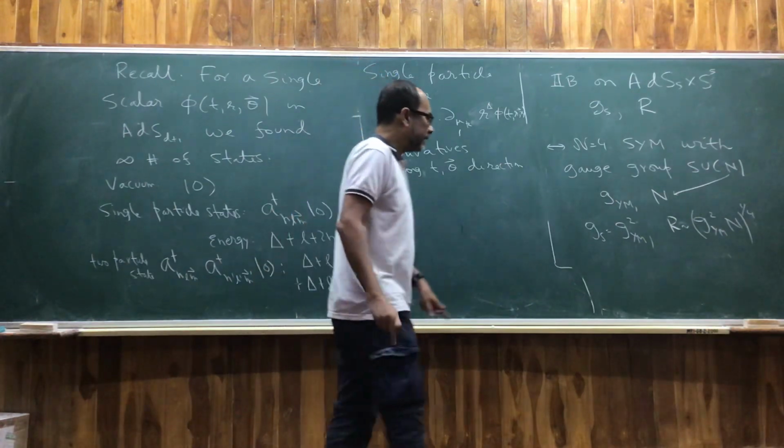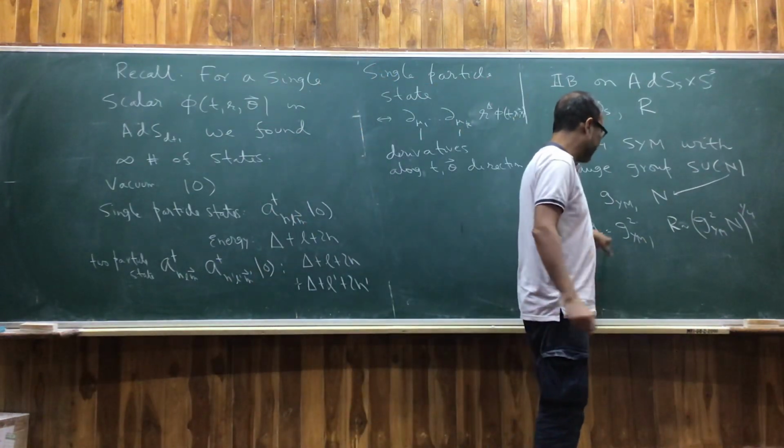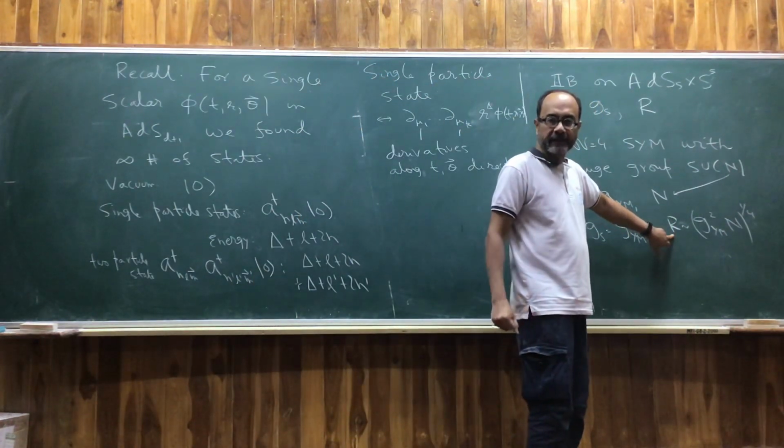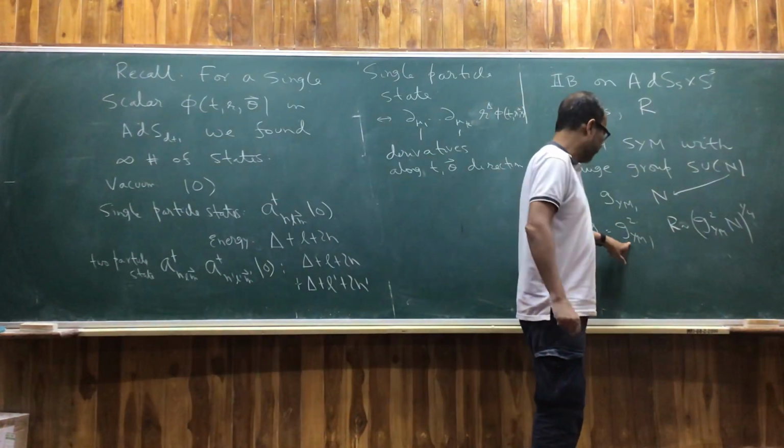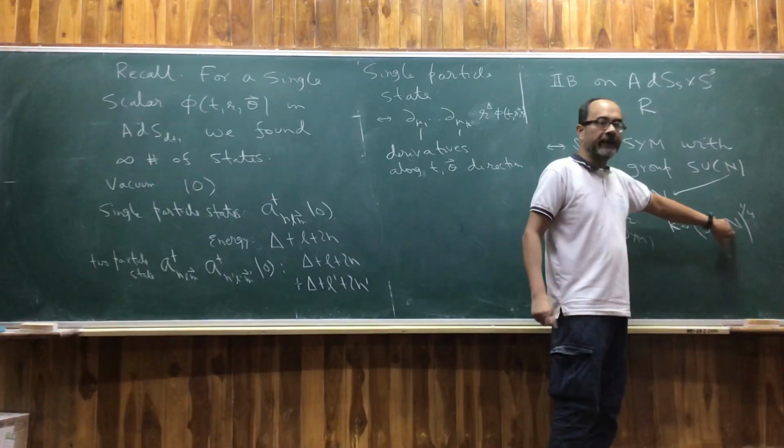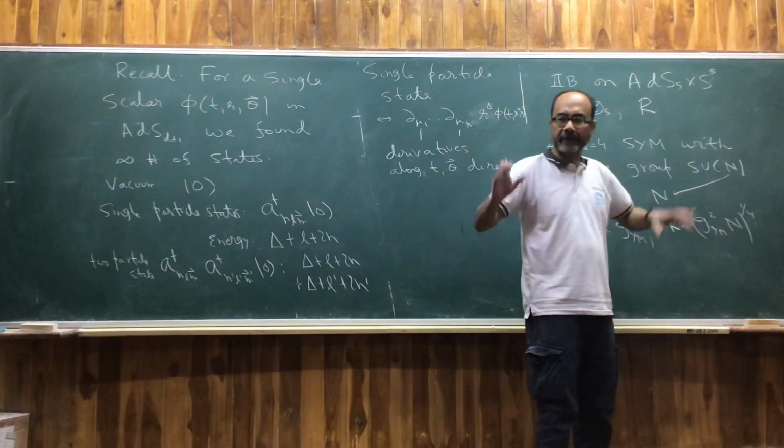But the important point is that if you want to keep G_S fixed and take the large R limit, on the Yang-Mills side that corresponds to keeping G Yang-Mills fixed and taking N to infinity, the large N limit.